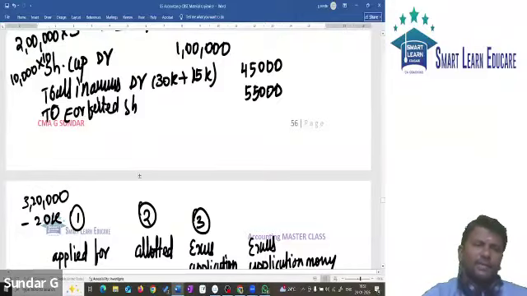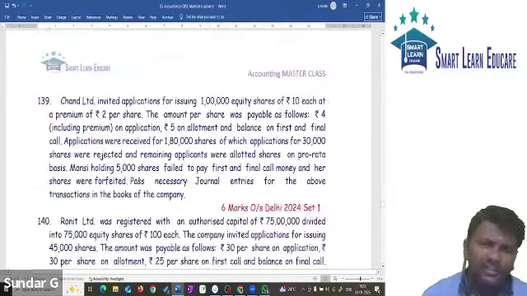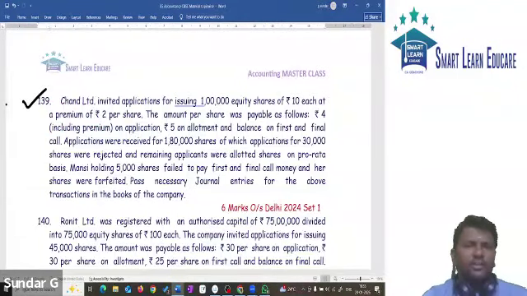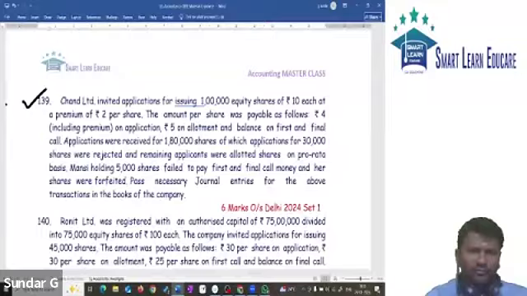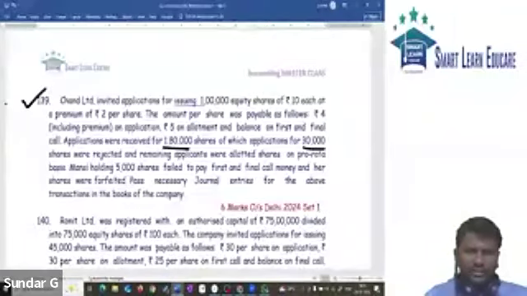Next. Try the next question. C Limited issued 1 lakh shares of rupees 10 each, applications for 1 lakh 80 were received, 30,000 were rejected, and remaining applications were allotted on pro rata.